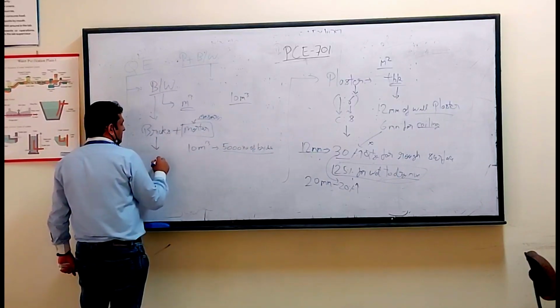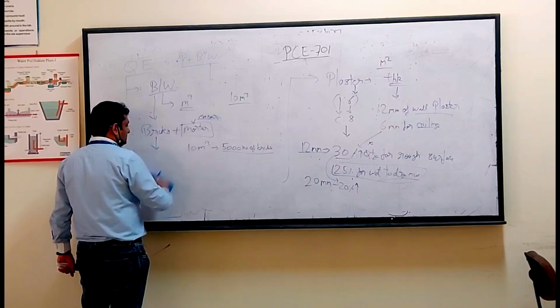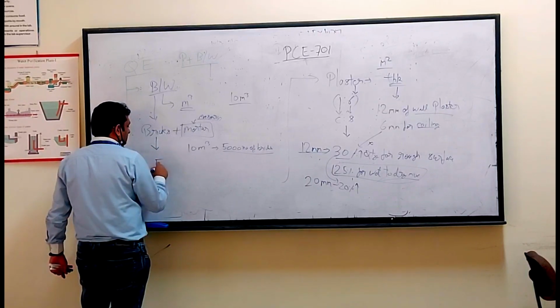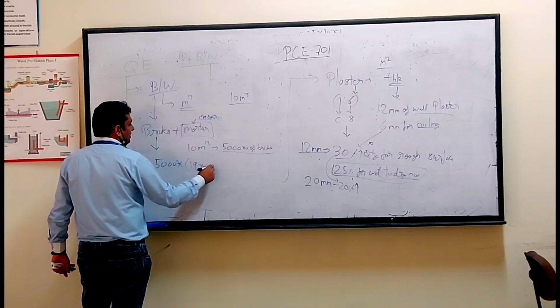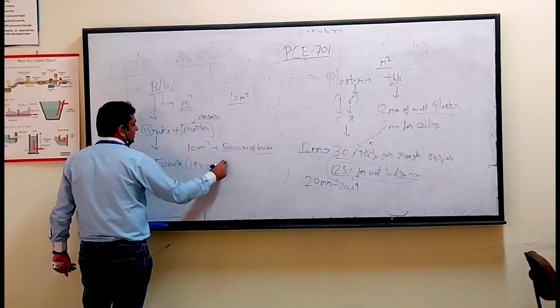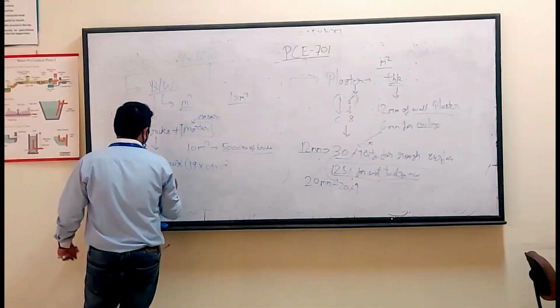From there, what is the volume of the bricks? 5,000 bricks, with the size of the brick being 19 by 9 by 9. This will be the volume occupied by the bricks.